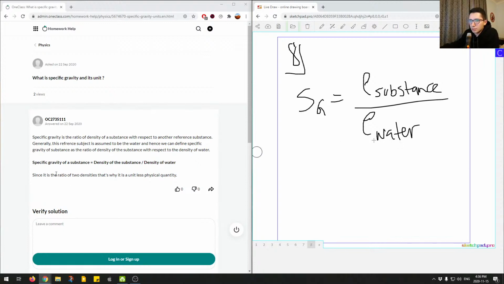Alright, so since it is the ratio of two densities, that's why it is... Oh, wait. Here we're asked what is specific gravity and its units. So we want to know what units specific gravity has. Looking at this ratio, we can see that there's units for density. So density is mass per volume.